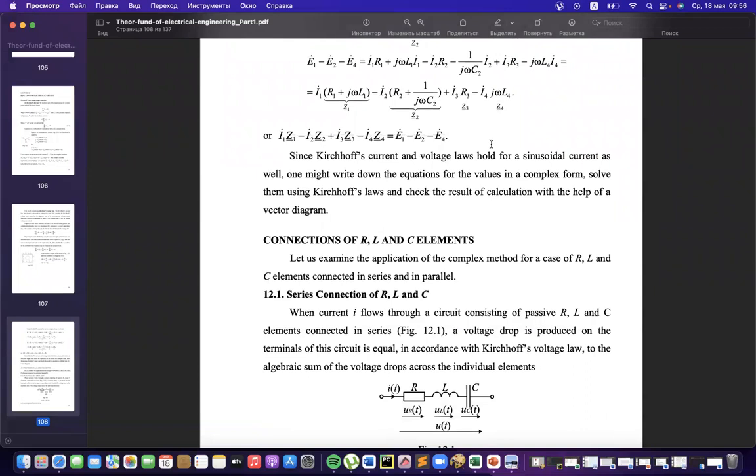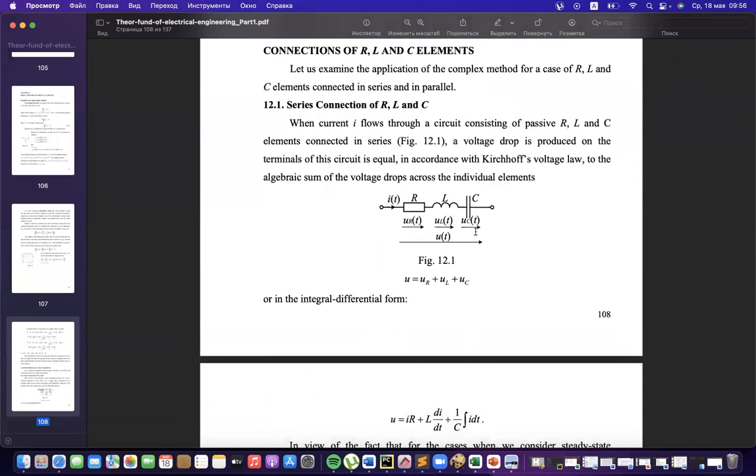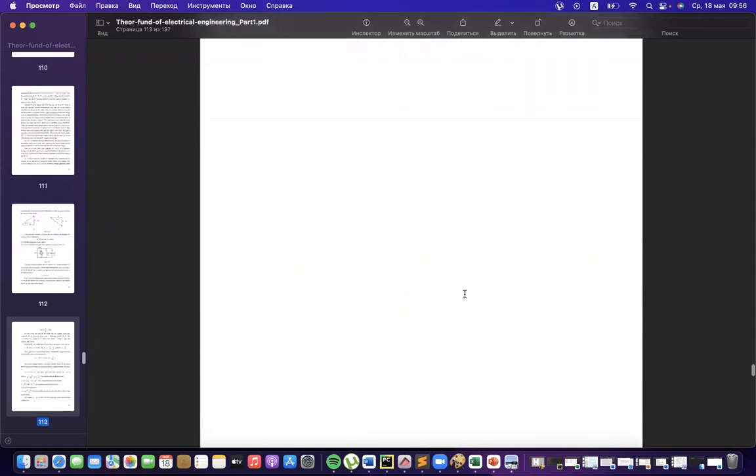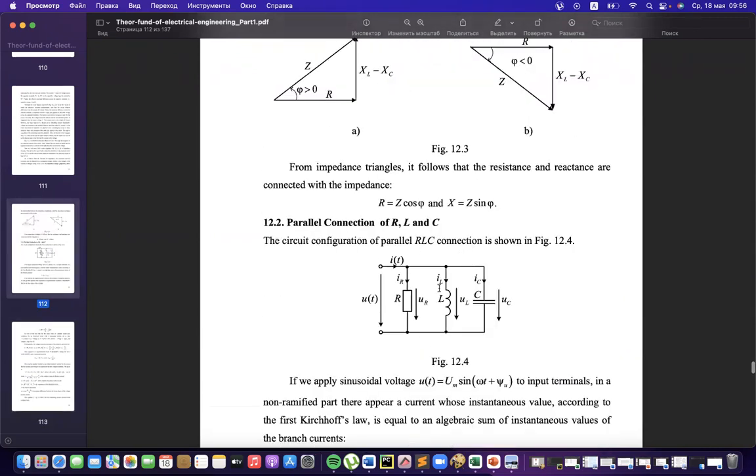That is just a general approach. How it is implemented in real life, we could look through the serial and parallel connection. Here is serial and here is parallel connection.